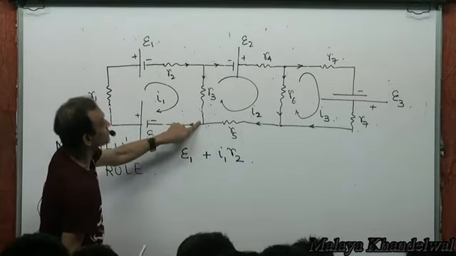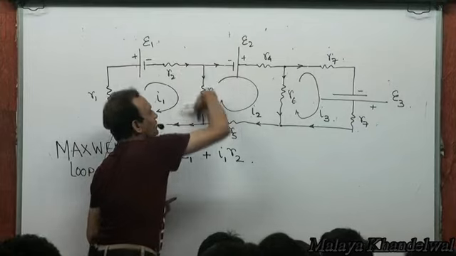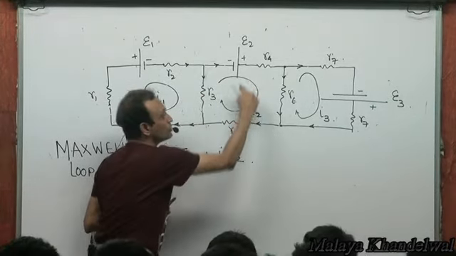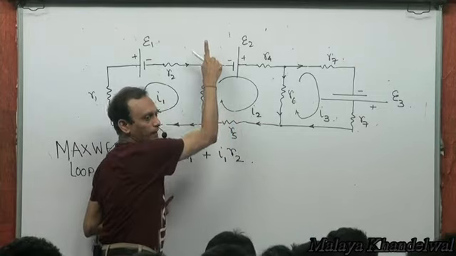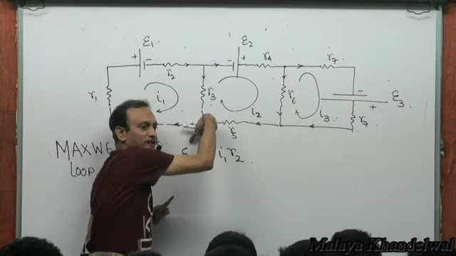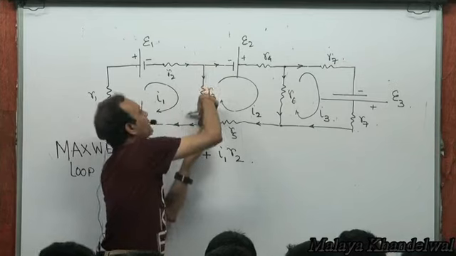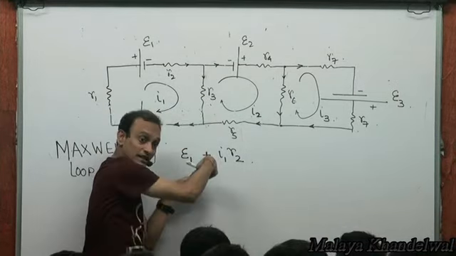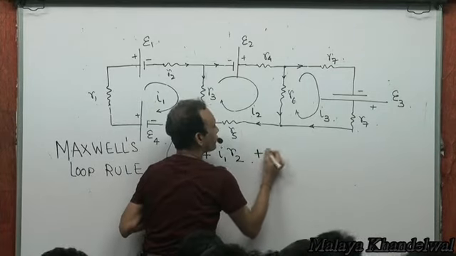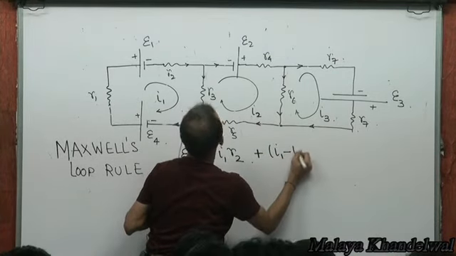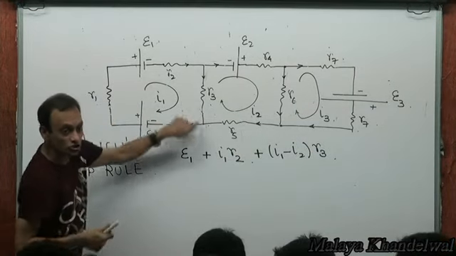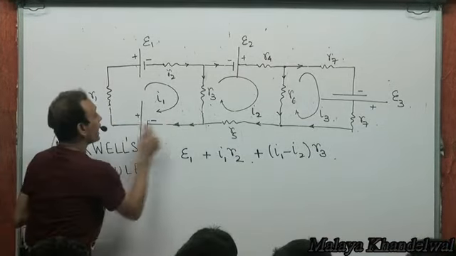Now, look at R3. I1 is going this way because of this loop, and I2 is going this way because of this loop. Yes or no? This loop drives I2 upwards, and this loop drives I1 downwards. So the net current through R3 is going to be I1 minus I2. So I1 minus I2 into R3 is the drop across this. And then I go from here to here.